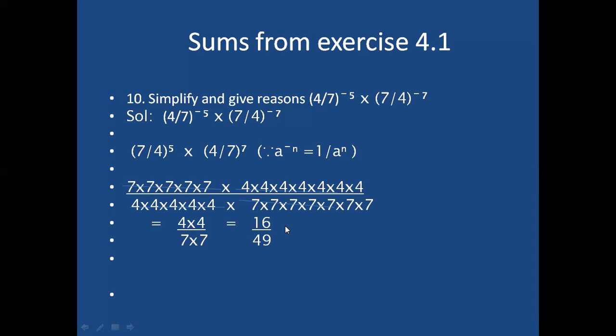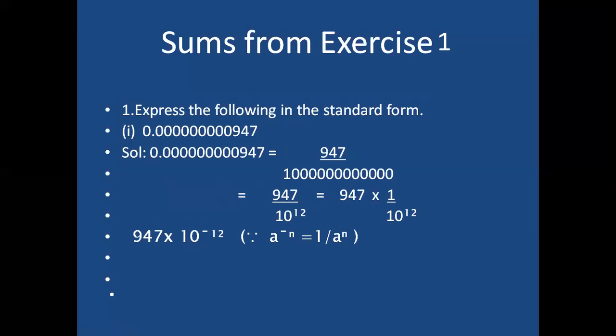Now see exercise 4.2, the standard form. 0.0000000000947. This is a very small number, so you have to convert it into a standard form. Let us see how to convert, because reading is very difficult with so many zeros.